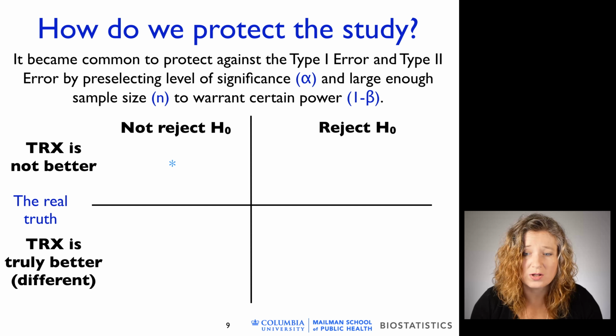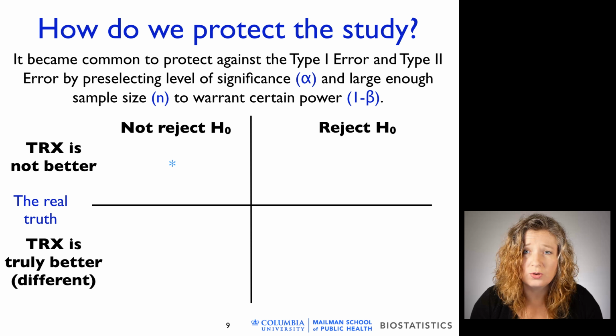Unfortunately, that is not possible because type 1 and type 2 error are closely related in a seesaw relationship. As type 1 error increases, the type 2 error decreases. Or if we decrease type 1 error, the type 2 error will increase.